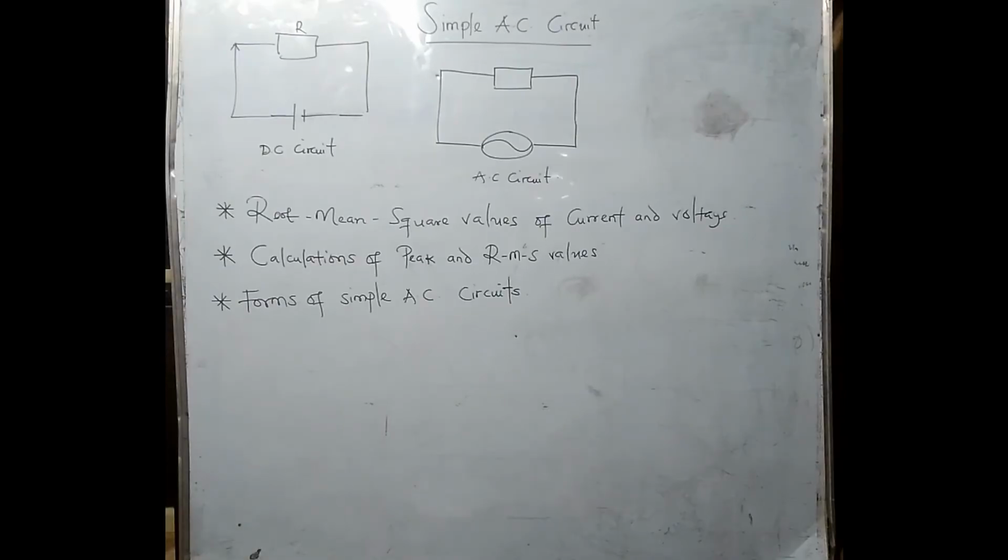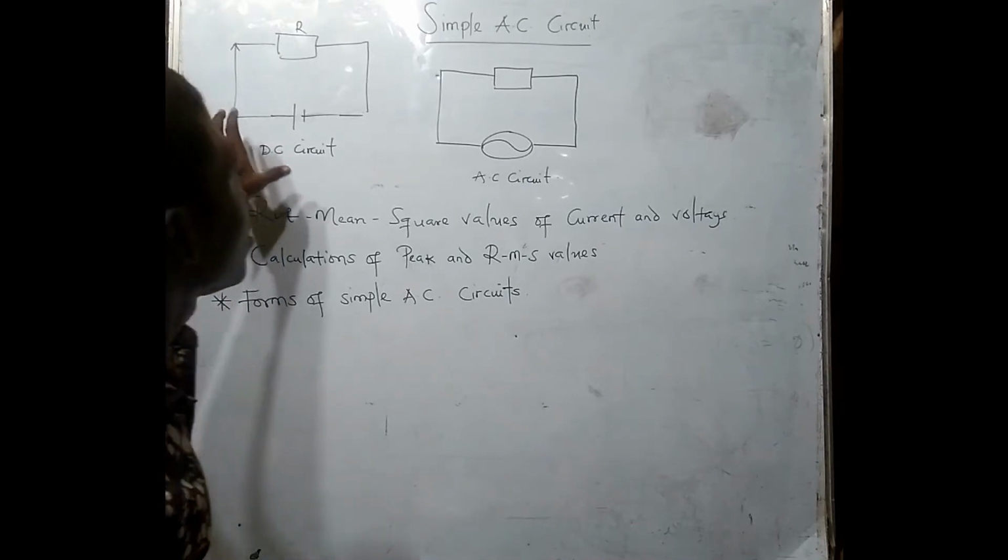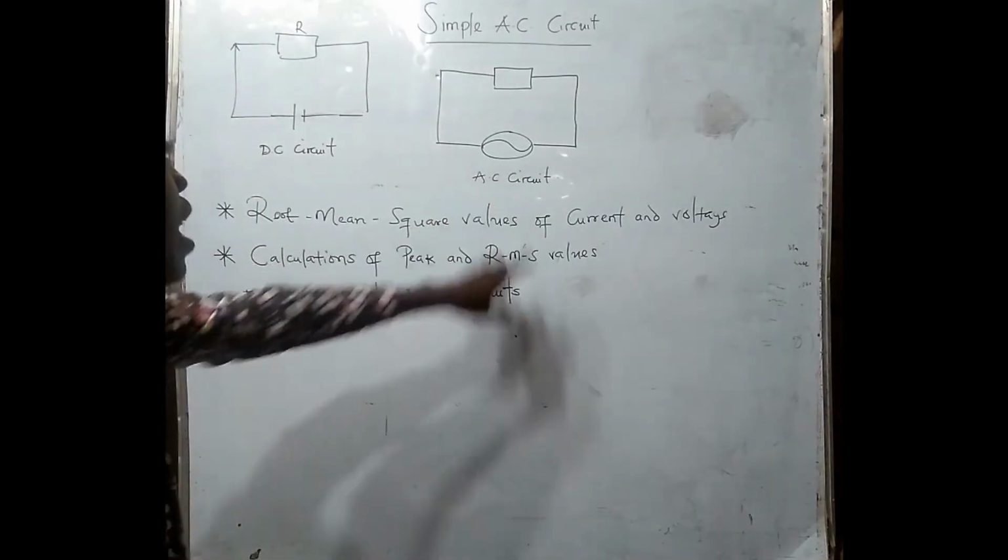So quickly, we would like to evaluate what our root mean square value of our current is by comparing a DC circuit with an AC circuit.